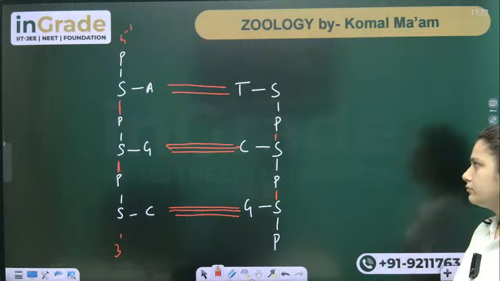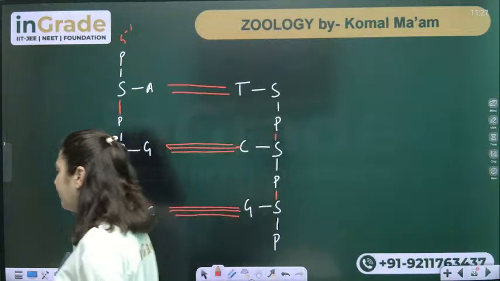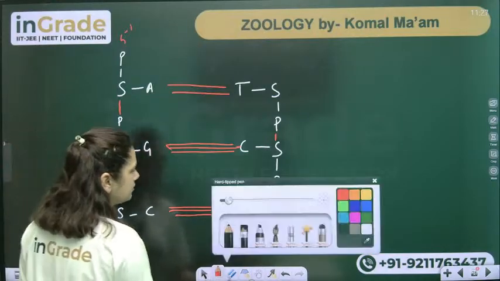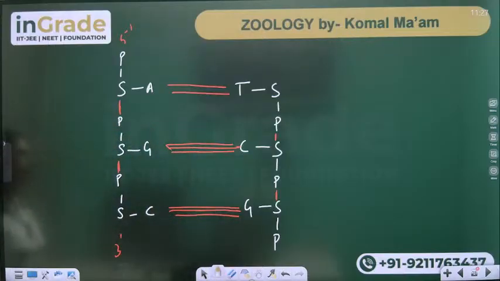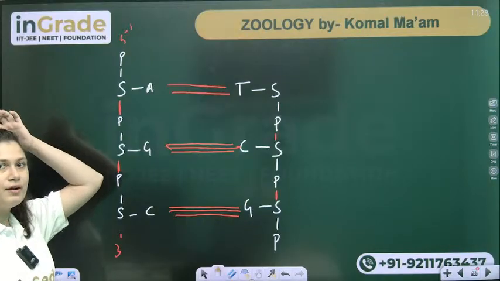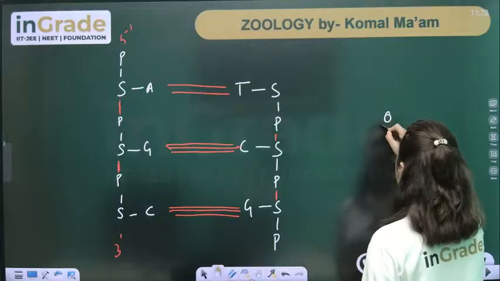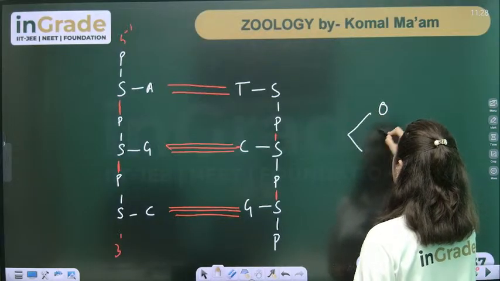Okay, now what decides which end will be the 5 dash end and which end will be the 3 dash end? So how is it decided? So basically, let's say this is the first nucleotide.